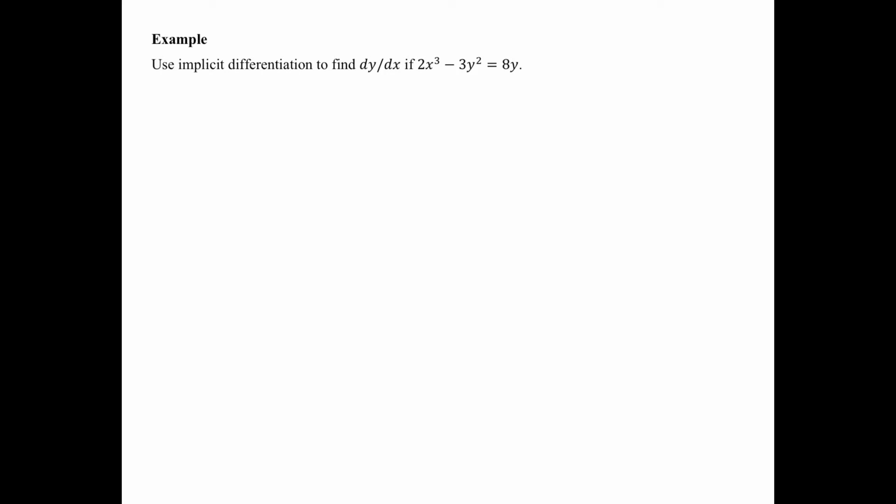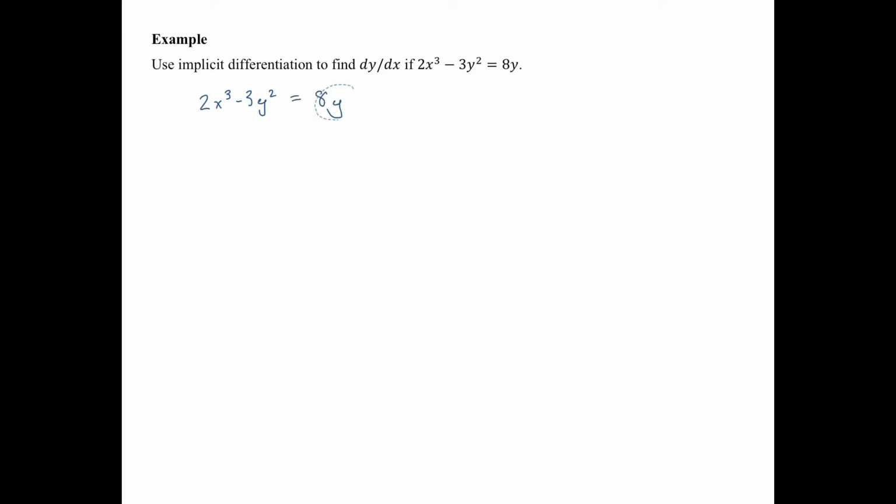So in this example, we're asked to use implicit differentiation to find dy dx if we're given this equation. And again, this is one of those equations that we cannot easily solve for y, so we'll have to use that method from the last slide. So let's first just rewrite the problem. We have 2x cubed minus 2y squared, 3y squared equals 8y.